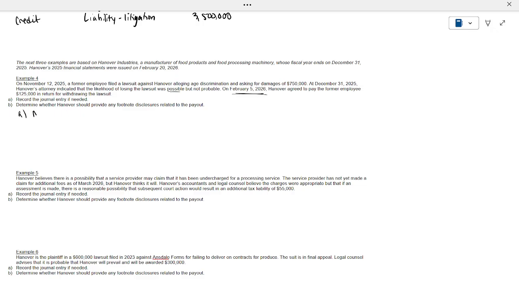We would say debit the account loss-litigation. Even though we didn't know as of December 31st, we knew before the financial statements were issued that we're going to pay out $125,000. Now, even though we know on February 5th we're going to pay out cash, as of December 31st, we have a liability.